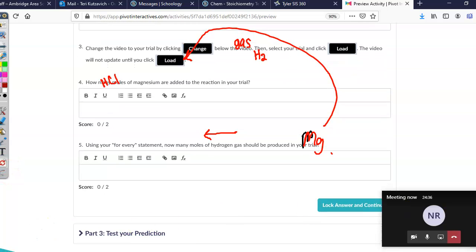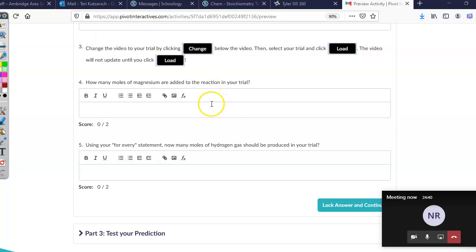For number 4, you will have the grams of magnesium that you got from the balance. You are showing how you change that to moles.